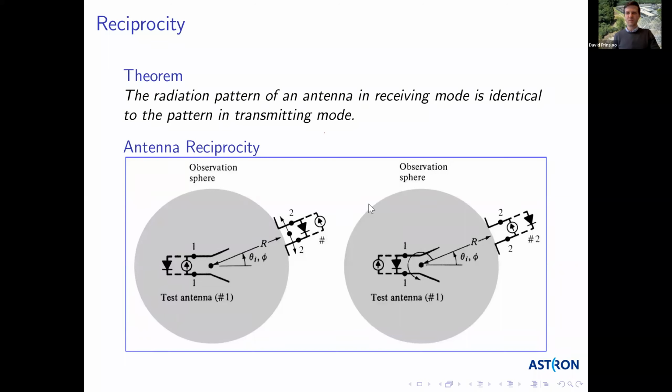So just to play this thought experiment with you. Imagine you had, as shown here, two identical antennas. In the one situation, you keep one antenna fixed, as it's shown here, and you rotate the other antenna around it. The antenna that is fixed, you are receiving from, and the antenna that you're rotating, you're transmitting from. So for each of these angles, I now plot the voltage or the power I receive by this receiving antenna.